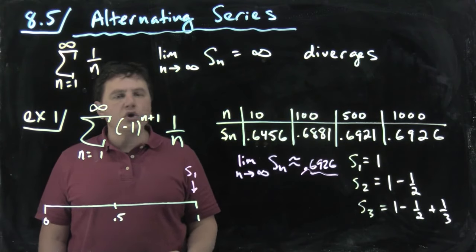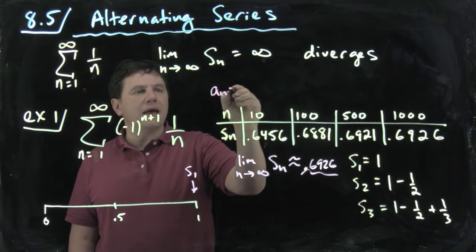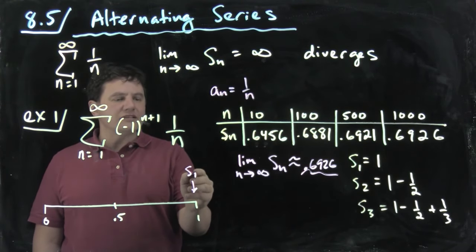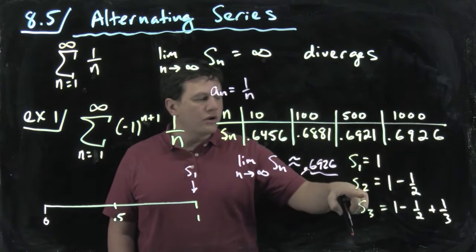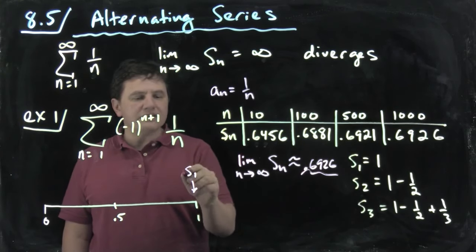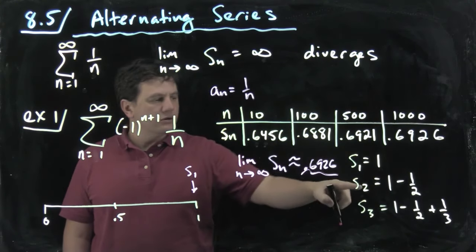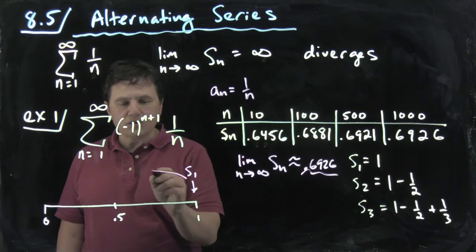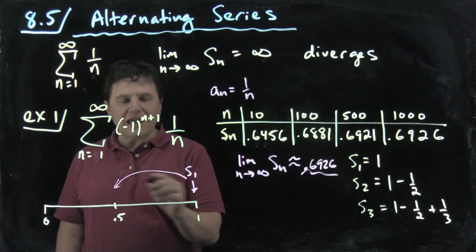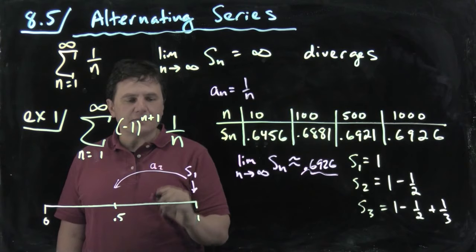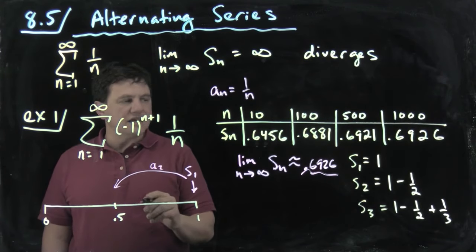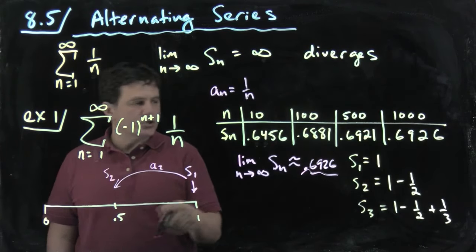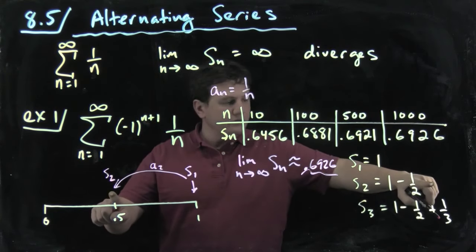Now if I think of A sub n as equal to 1 over n, if I do A sub 2, I'm going to subtract 1/2. So that goes to here. So this length we'll call A sub 2. And that gives us S sub 2. S sub 2 is 0.5 here, right?